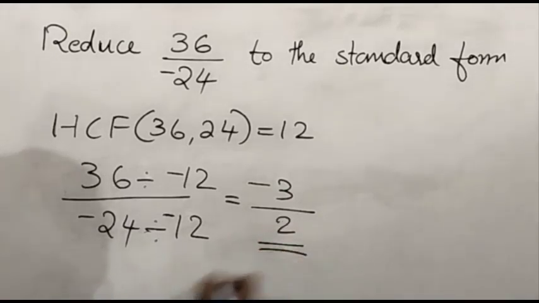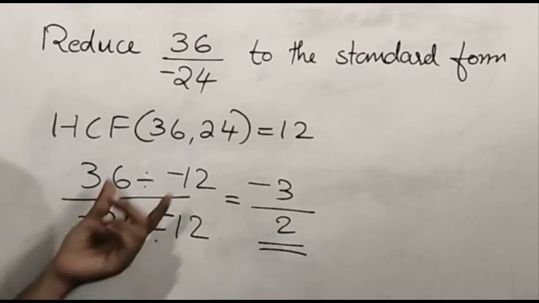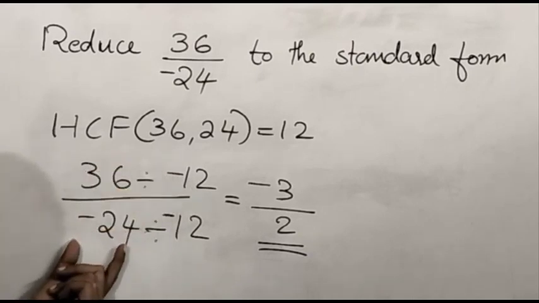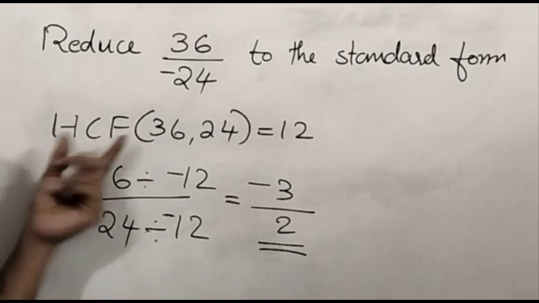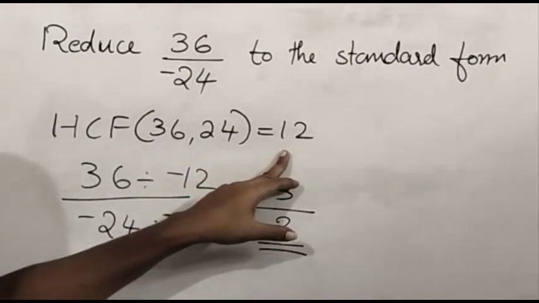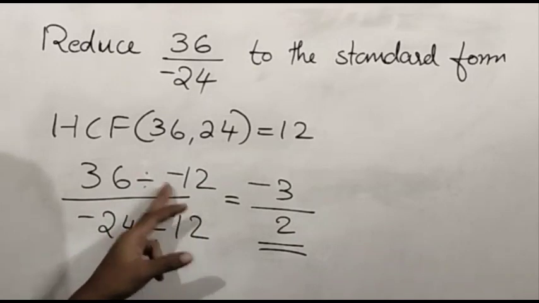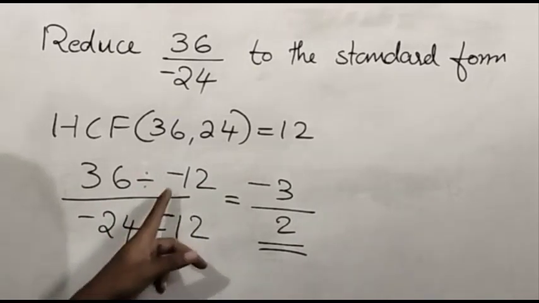So the standard form of 36 by minus 24 is equal to minus 3 by 2. Remember, if there is a negative sign in the denominator, divide both numerator and denominator by negative HCF. Here HCF is the positive number 12, but here we divide both numerator and denominator by minus 12.